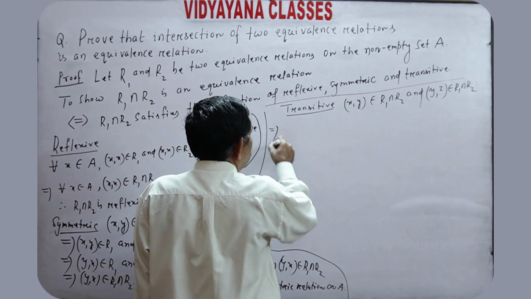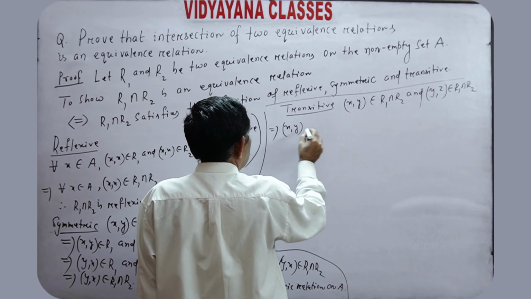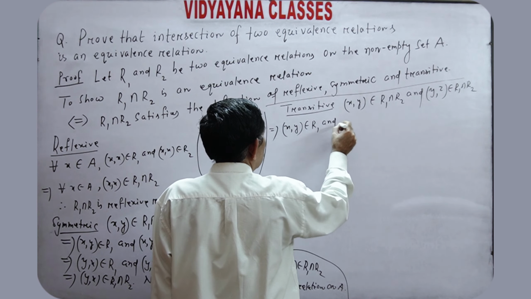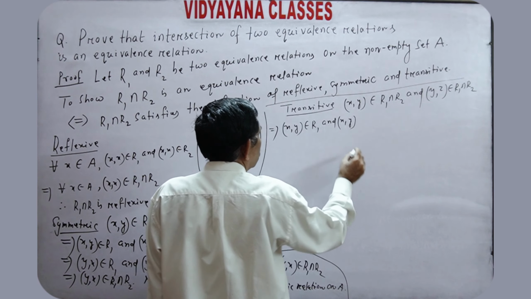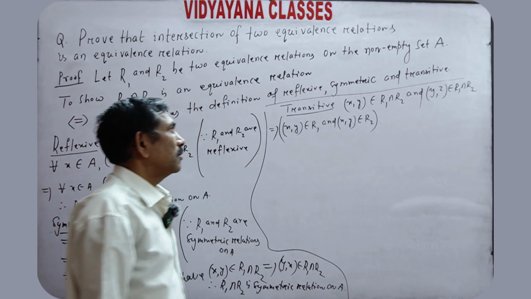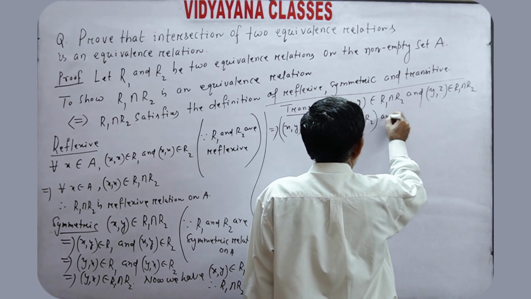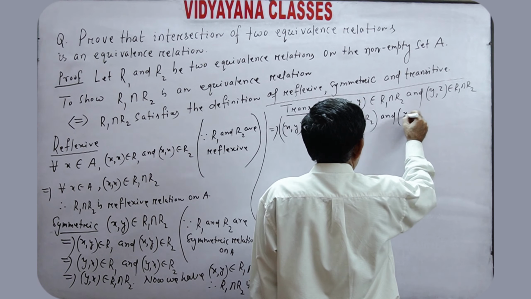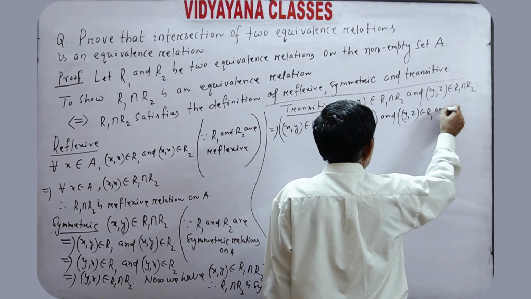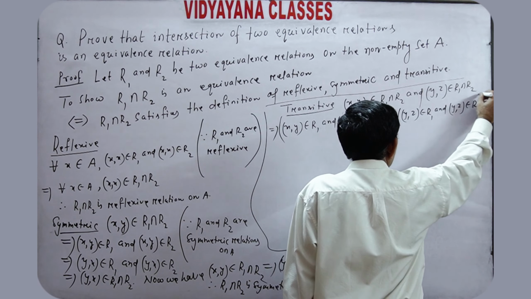By the definition of intersection, (x,y) belongs to R1 and (x,y) belongs to R2, and (y,z) belongs to R1 and (y,z) belongs to R2.